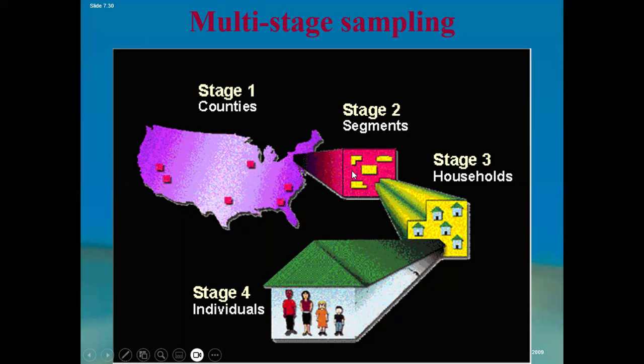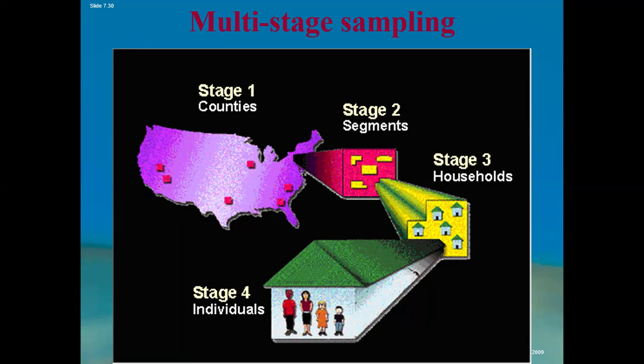Then we pick one, and within the cluster, at stage 3, the households are there. Look at the Sri Lankan context: the province, then the districts, within the districts the divisional secretariats, then within that the Grama Niladhari divisions. When it goes to the Grama Niladhari division level, the households are there.